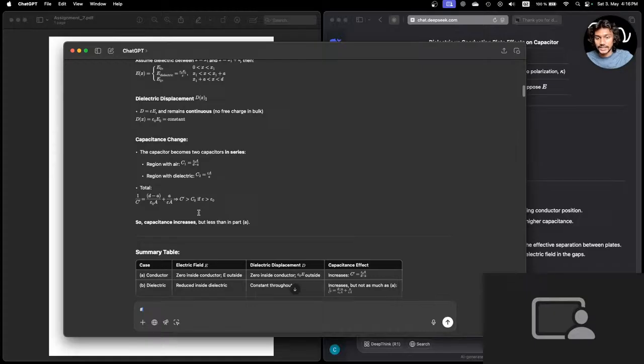Region with the dielectric, capacitance is epsilon A by... Okay, that's where I made the mistake.